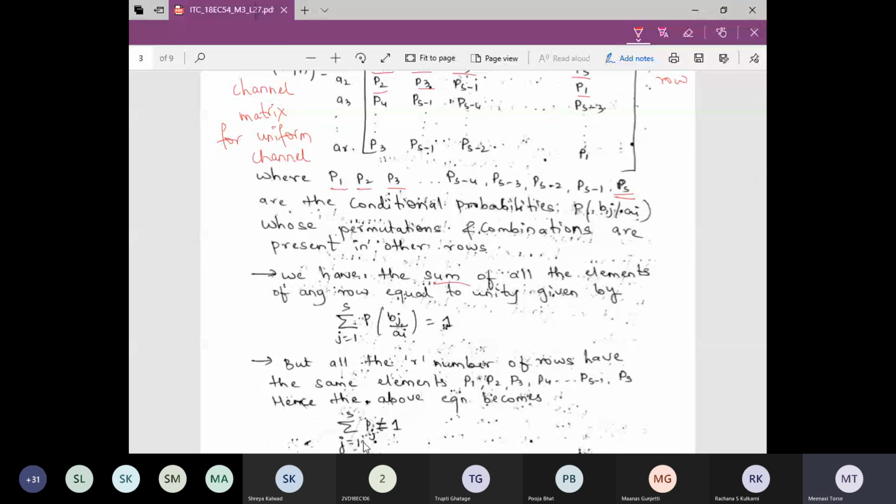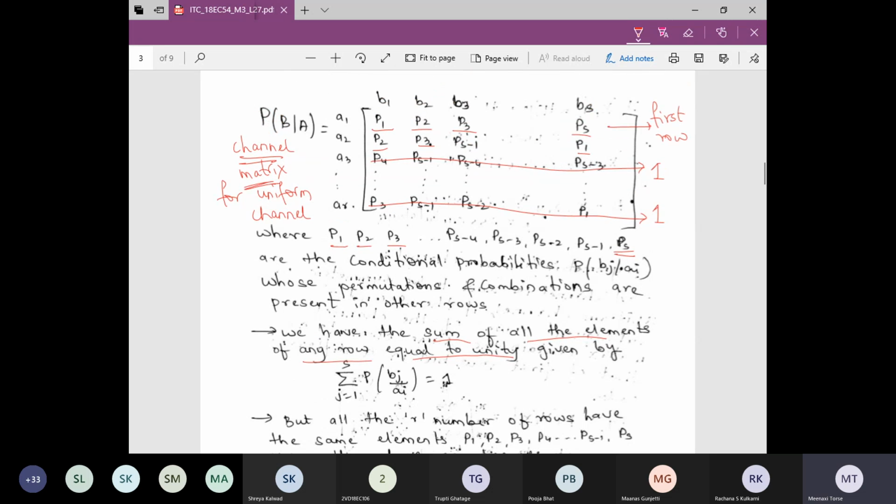We know that the sum of all the elements of any row in a channel matrix is equal to unity. The sum of elements in any row of a channel matrix is always equal to 1. So if we add the elements of any row of the channel matrix, it will give us a unity value, that is 1.